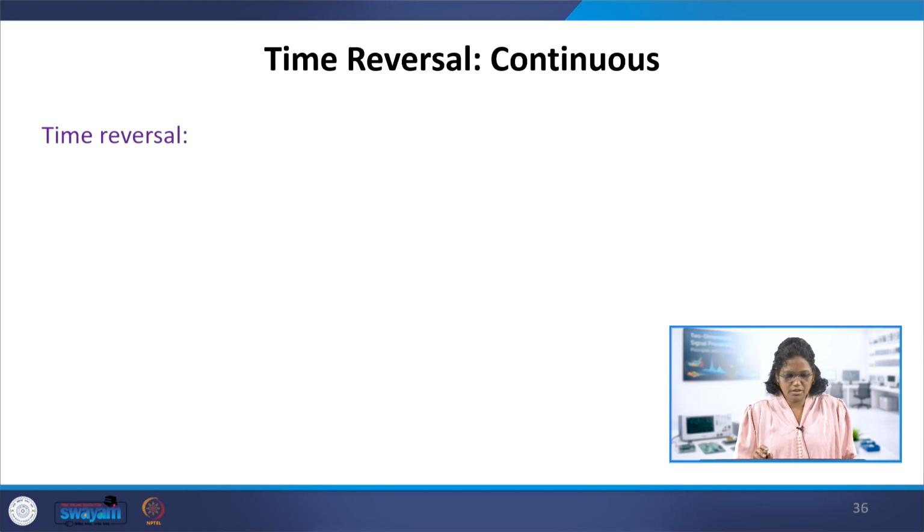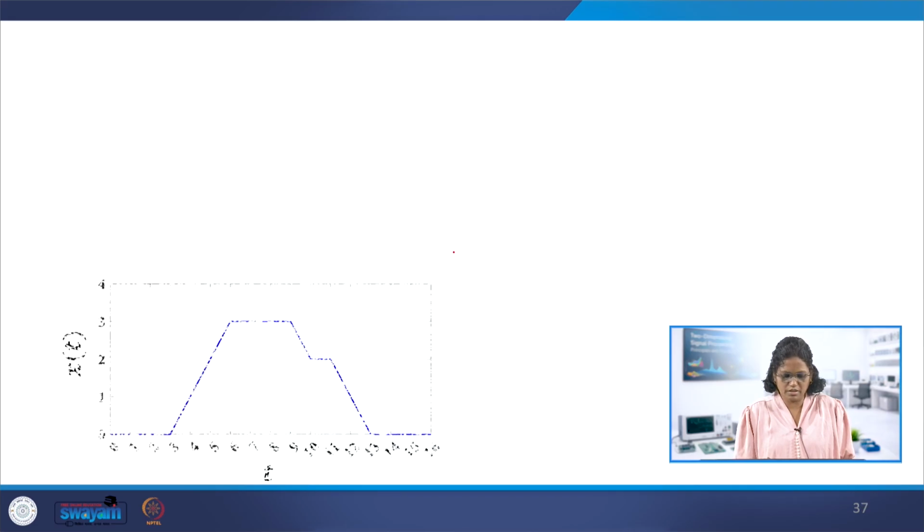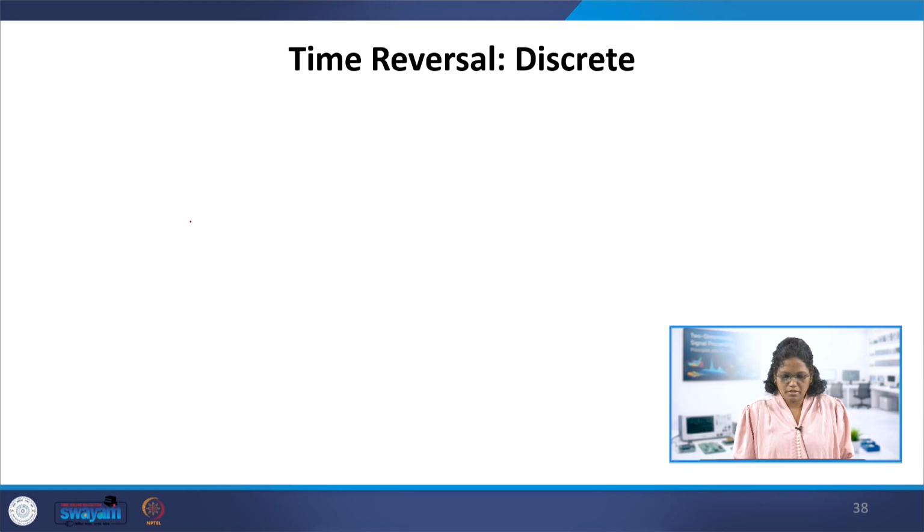Time reversal is when we have x of t made into x of minus t, that is a flipping of the sequence like we had already seen. That is, if it is x of t, you can see the t in the minus index, t equal to x of minus t. So you see the positive indexes become negative. Also in discrete, how do we see that sequence?